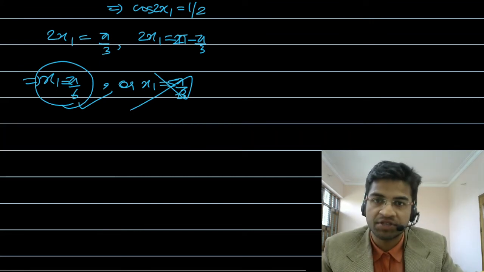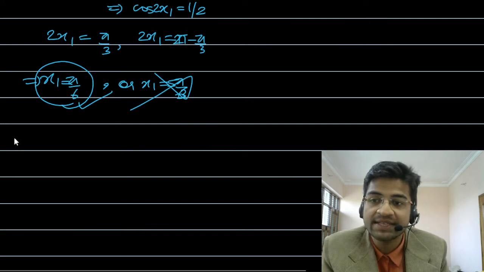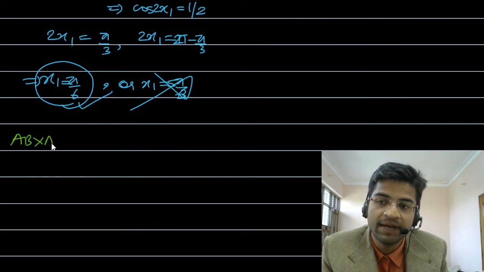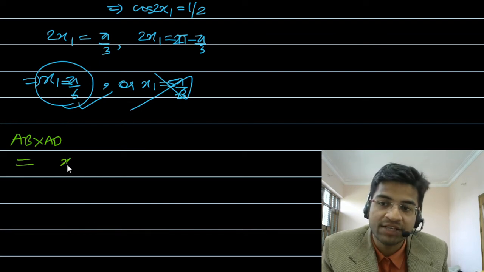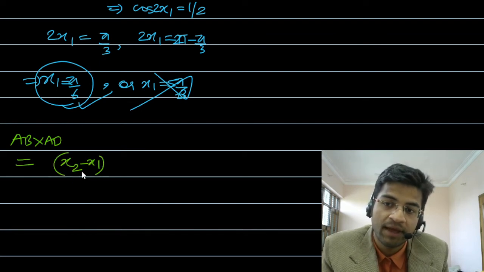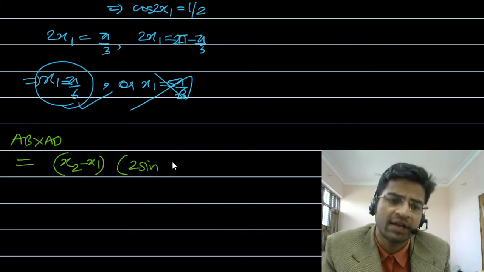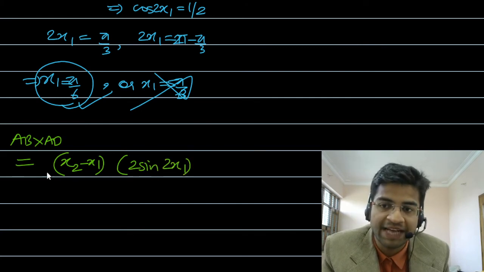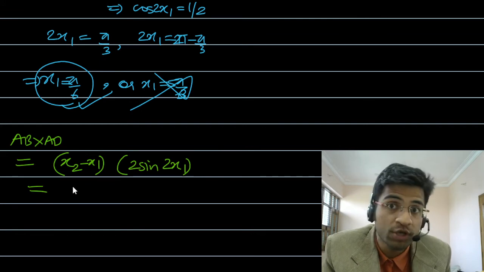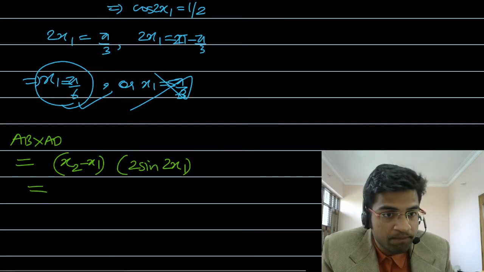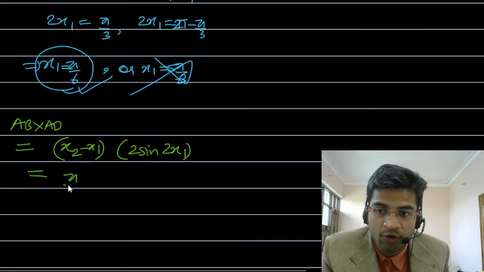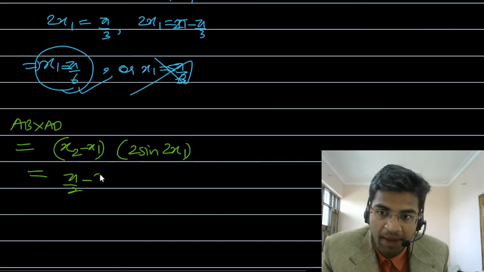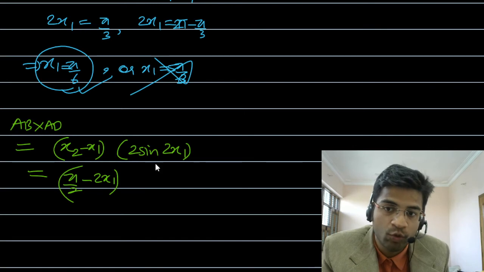Just replace this expression to find the area. Area is AB into AD. Now AB will be x2 minus x1, and AD will be 2 sine 2x1. x2 was pi by 2 minus x1, so AB is pi by 2 minus 2x1, and AD is 2 sine 2x1.